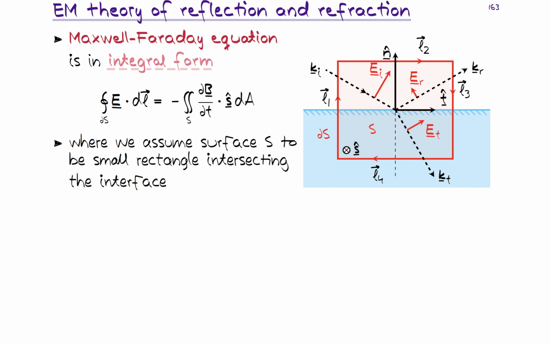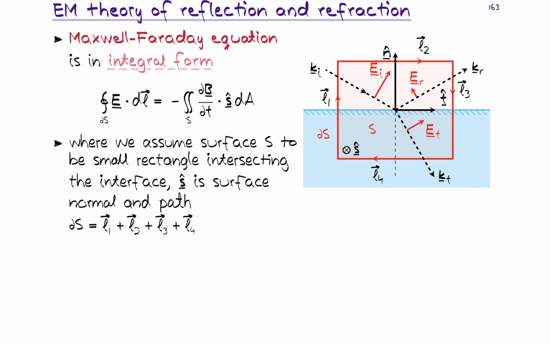Here we assume that the surface S is a small rectangle that intersects the interface, and S hat is the surface normal, and the path known as ∂S is essentially those lengths that we describe here, the different lengths of the path. So L1 is shown here, L2 here, L3 here, and L4 here.